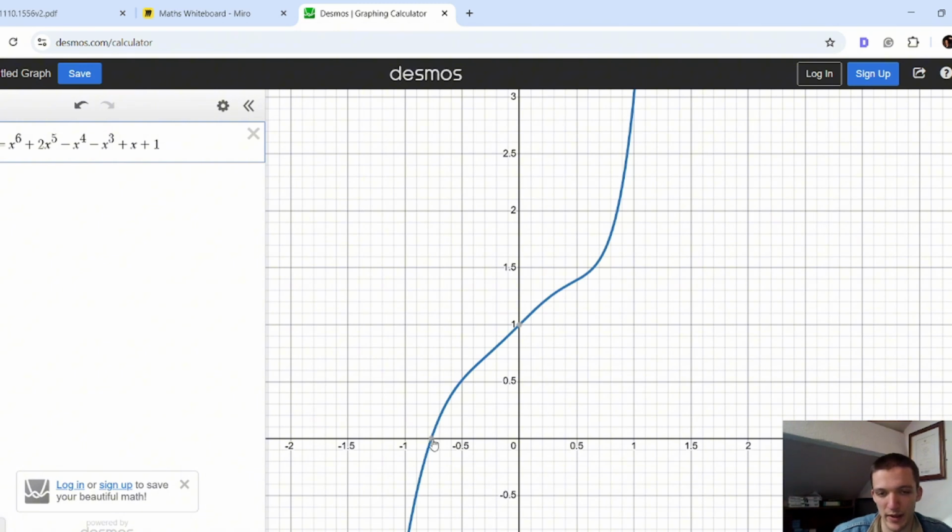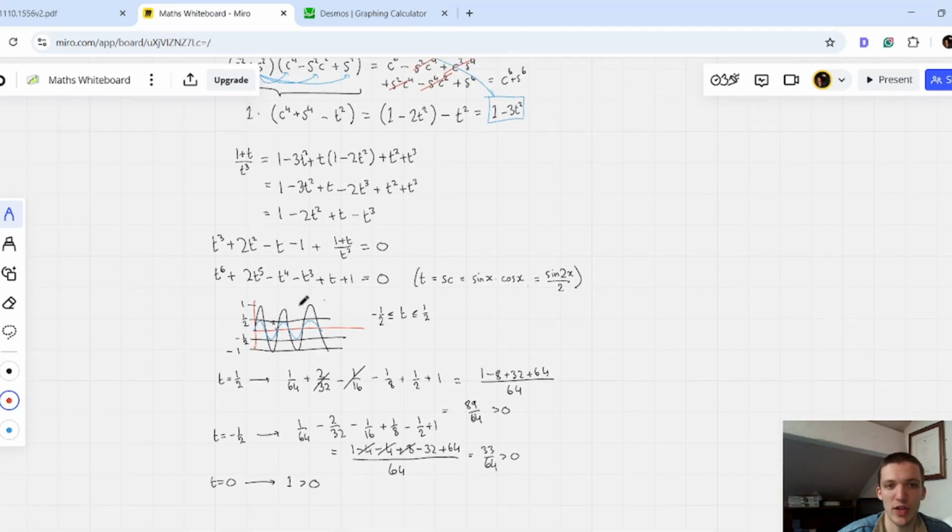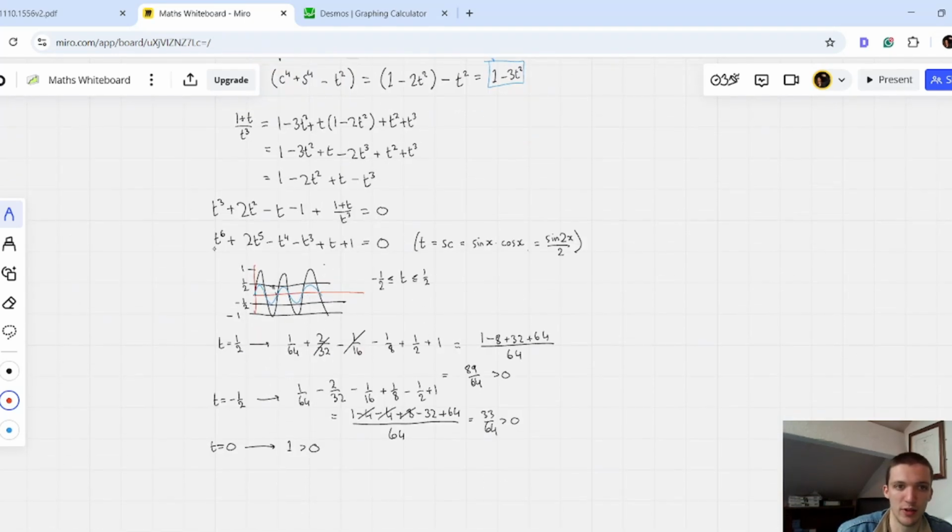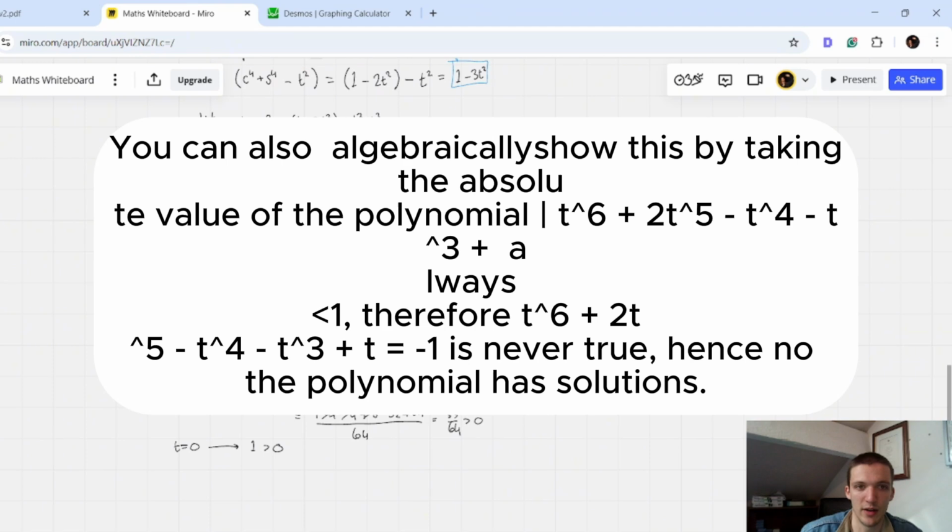And in fact, that is outside of our suitable range for t. T is never going to go down to this point, or domain I should say. It's bounded at minus a half and a half because it is sine of 2x over 2. So this function never crosses the x-axis in the correct domain, and therefore we actually have no solutions to this polynomial just here.